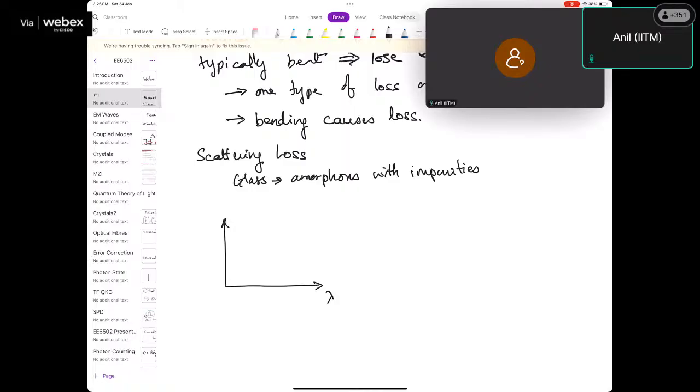And when I plot it as a function of wavelength, what I will see is that it decreases with wavelength and then it reaches a minima. And beyond that, you again have an increase. All right. So I'm trying to see if I can very quickly find a plot for you that shows this. Yeah. So it will look something like this. Maybe.